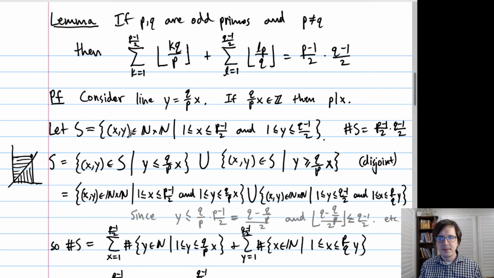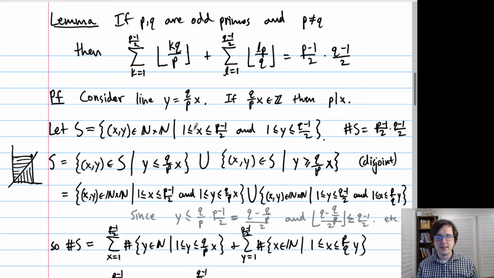So let's set S to be the subset of the natural number lattice where x is in the interval from 1 to (p minus 1) over 2, and y is from 1 to (q minus 1) over 2. How many lattice points are in here?